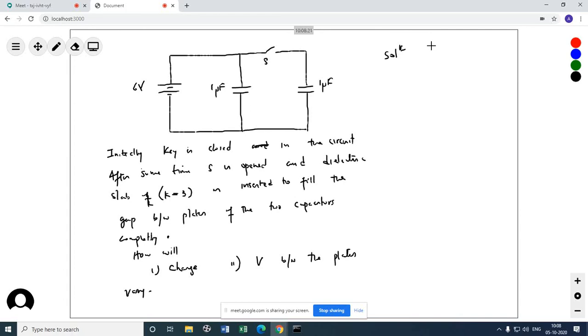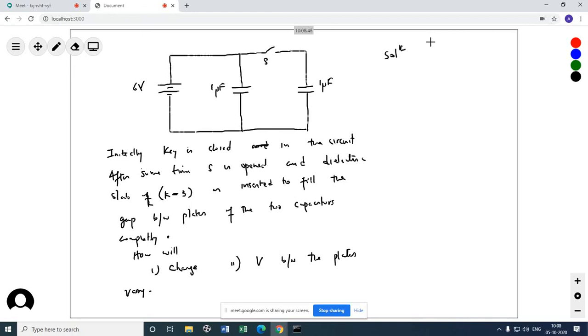After you open the key, what will happen? Nothing, no change right now. But when you insert the dielectric slab, the charge will remain the same because you are not connecting the key back again. So what will happen to the voltages? Voltage drop across the plates will change. So you need to find it.